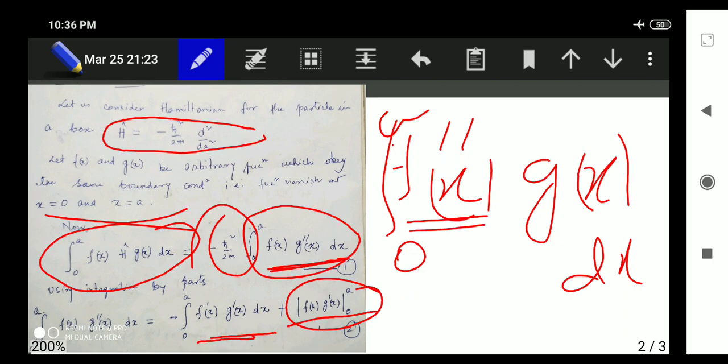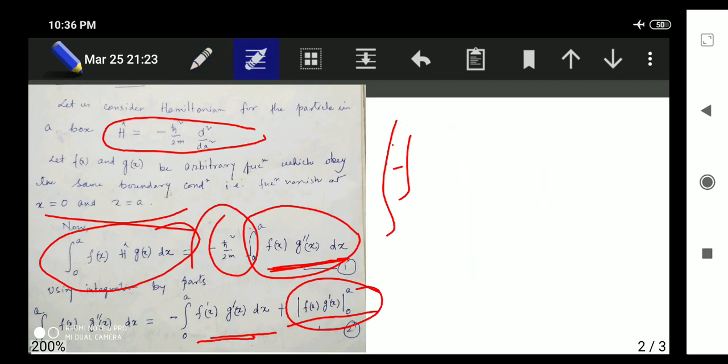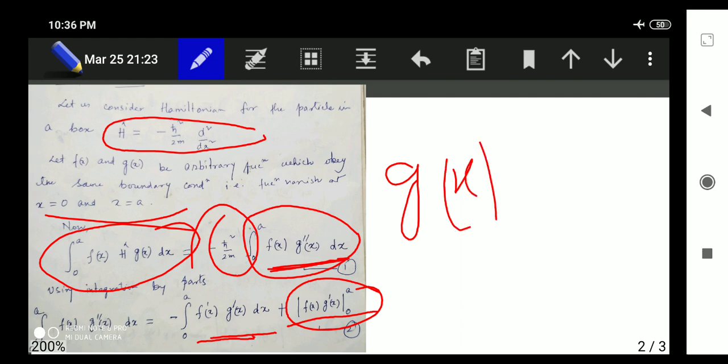In place of f'' I can write d2/dx2 of f, and the minus h cross square by 2m is waiting outside.